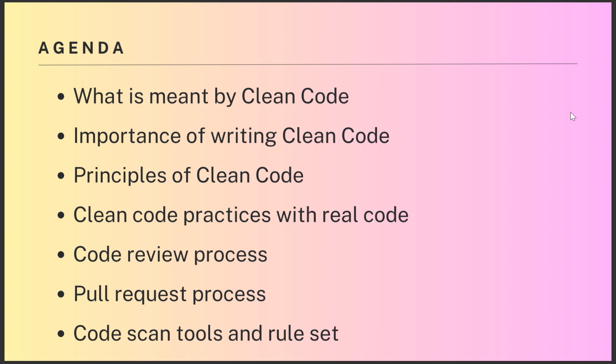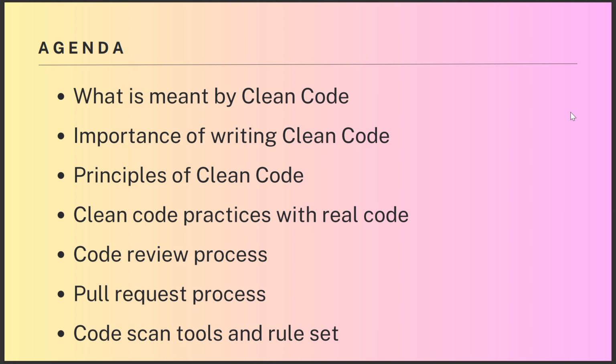Those processes are called code review, and there can be different kinds of code review processes and pull request processes. There's another way to put a check on the quality before you put your code into the mainstream branches and deploy to the environments.